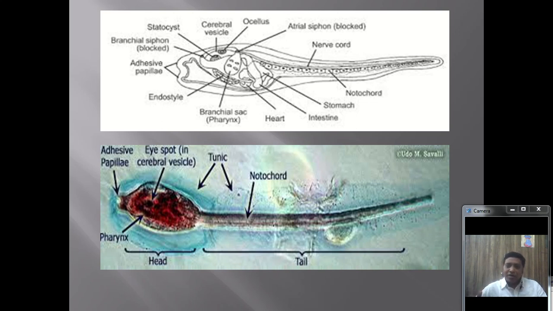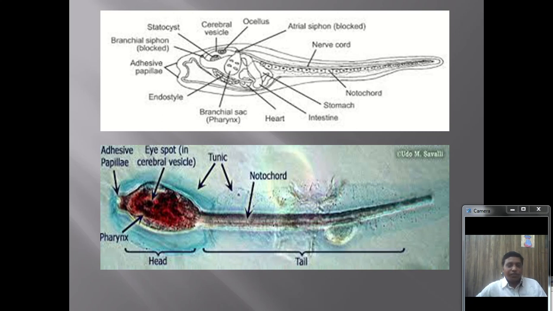But later on, after development, these larvae get metamorphosed into the adult. This change in form is called metamorphosis. The same situation happens in this larva, in which at first the larval stage is seen and later on it changes into the adult form.